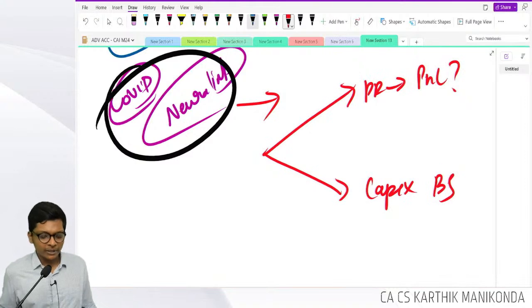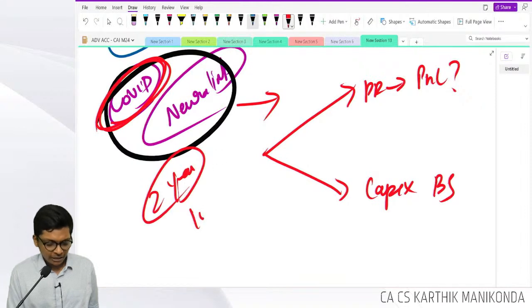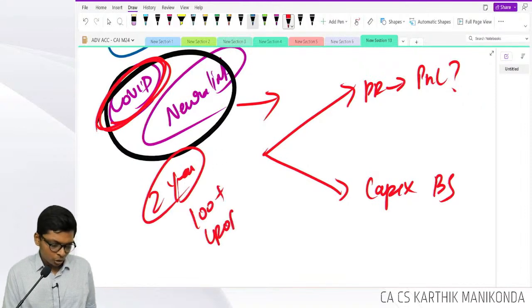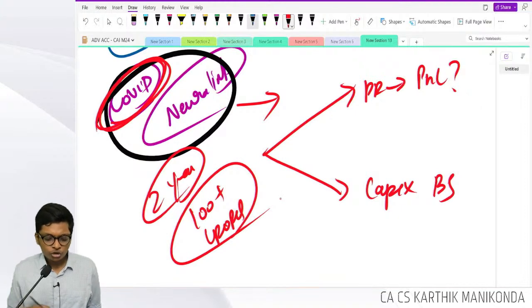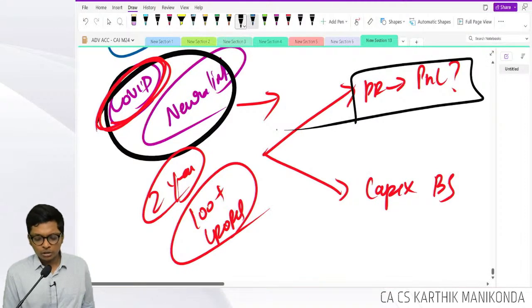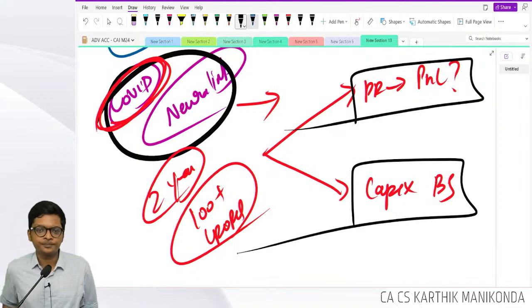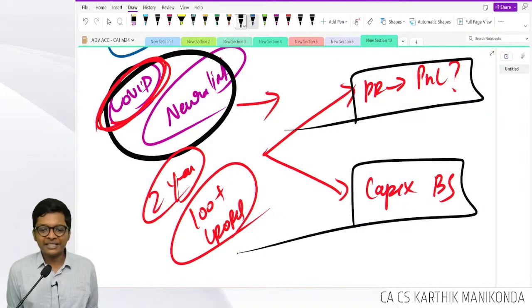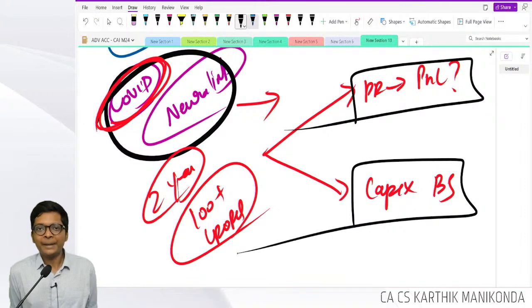Imagine during COVID, a company is building the COVID vaccine for 2 years. They will have spent 100 plus crores, right? So this money, should I debit my profit and loss account or should I debit my balance sheet is the question. Are you following what I'm saying, guys? Should I debit the P&L account or should I debit the balance sheet?